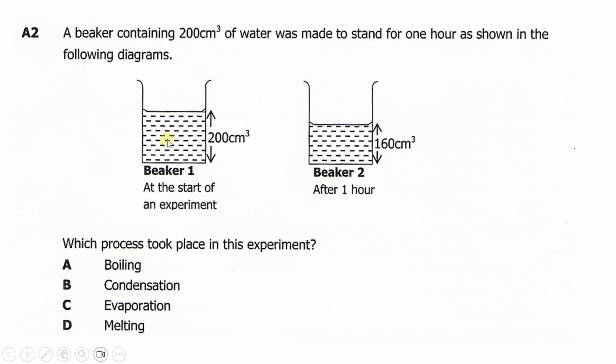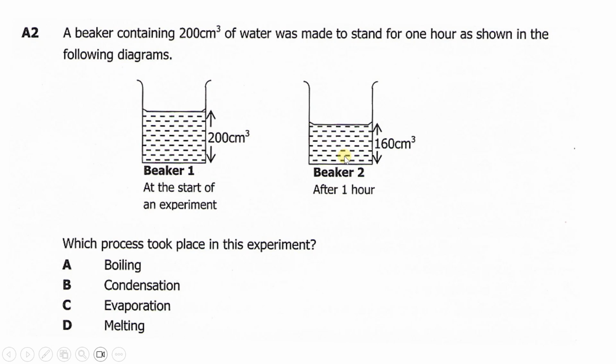So this question got me thinking before I arrived at the answer that I gave, because at first I had thought the answer was supposed to be evaporation. Then I looked at the amount of water that was lost just within an hour. Is it possible that if you leave a beaker of 200 cubic centimeters of water for an hour, when you come back it would have lost 40 cubic centimeters of water?